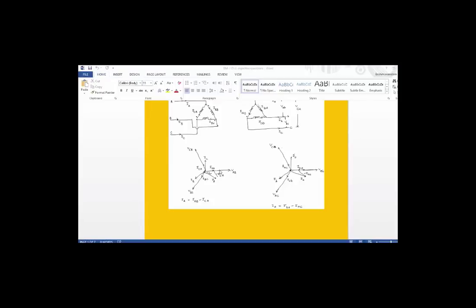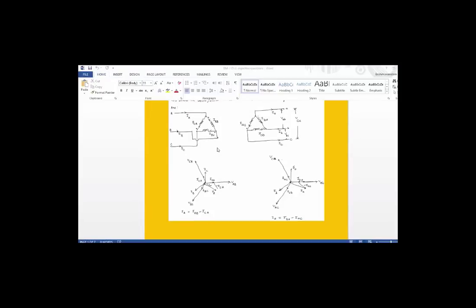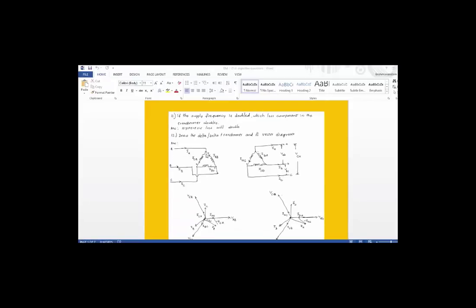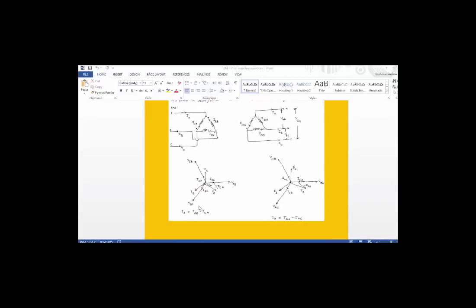So when we draw the vector diagram on primary side, we get the voltages, line voltage is also equal to phase voltage, VAB, VBC and VCA displaced with respect to each other by 120 degrees, and we assume that the load is connected, lagging load or inductive load, so apply the KCL here, then we can write IA is equal to IAB minus ICA.